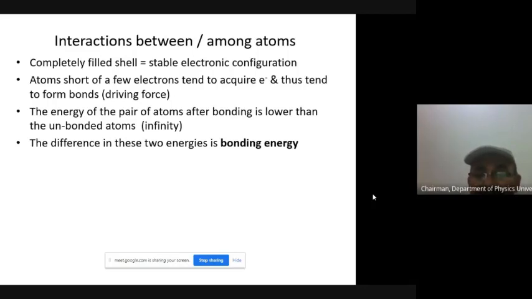So if the energy of the system after bonding is lower than the unbonded state, the bond will form by itself. And such materials will be vulnerable to oxidation.